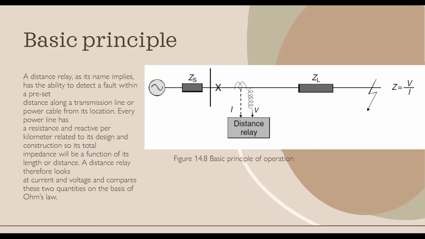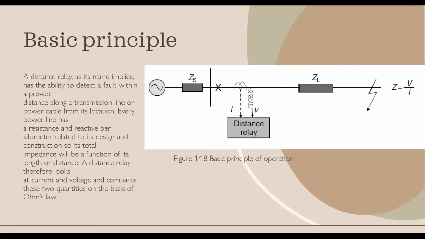The reach point of a relay is the point along the line impedance locus that is intersected by the boundary characteristic of the relay. Since this is dependent on the ratio of voltage and current and the phase angle between them, it may be plotted on an RX diagram, or a resistance to reactance diagram.